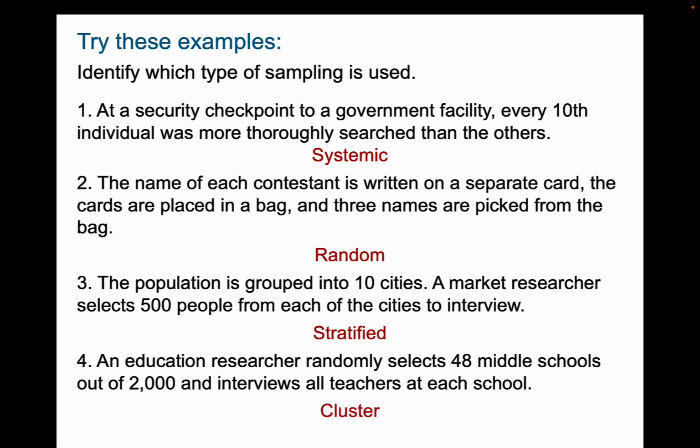If you said cluster, you got it right. So we have 2,000 clusters. They're all the different middle schools. And this particular researcher goes to 48 of the middle schools and talks to every teacher at those 48 schools that they chose, cluster sampling.